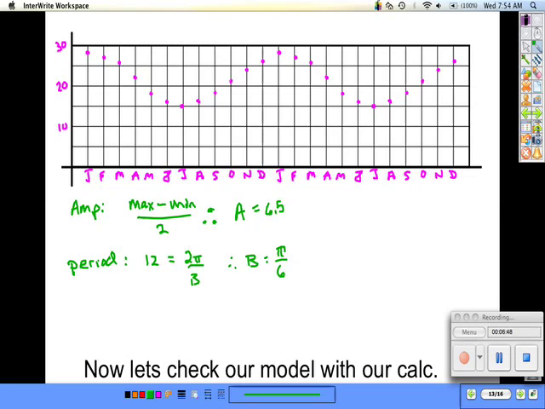For the vertical shift, or what the book calls the principal axis, we can take the maximum plus the minimum and divide by 2. We can find the mean. That's going to be the middle of all this data.